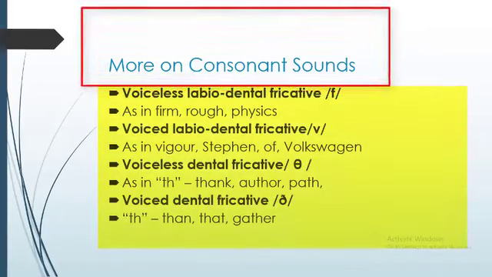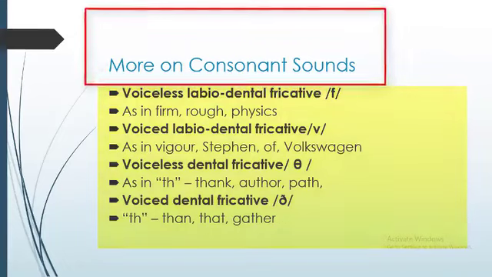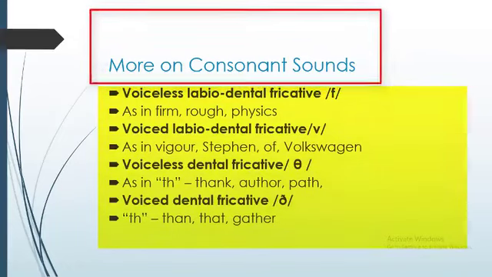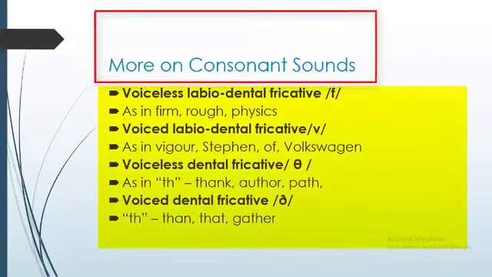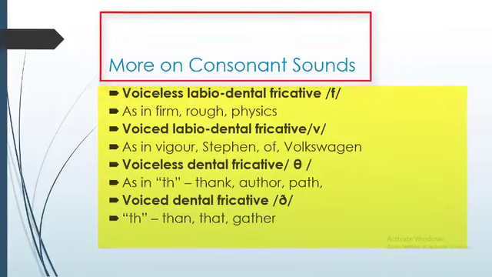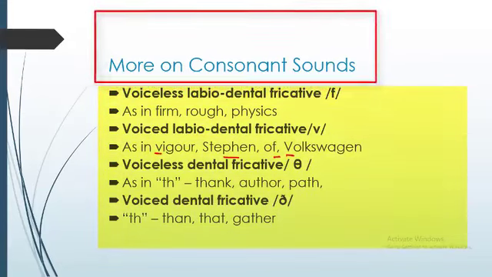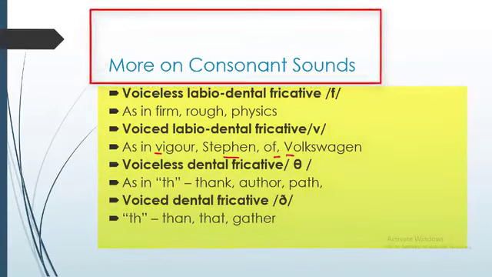It is labiodental because, like I said, the upper teeth and the lower lip are brought in contact, and so we have it in words like Stephen, even though its spelling is PH, of, Volkswagen, vigor, etc.